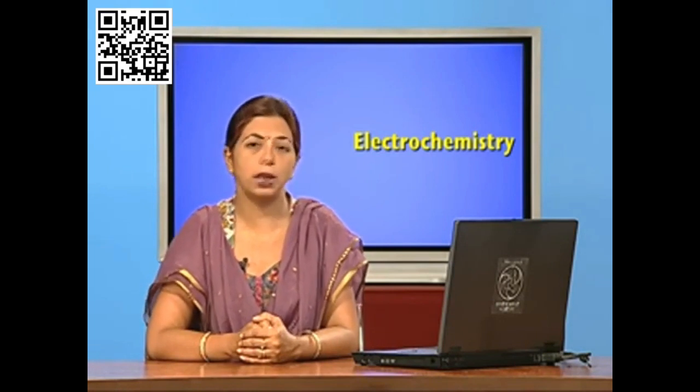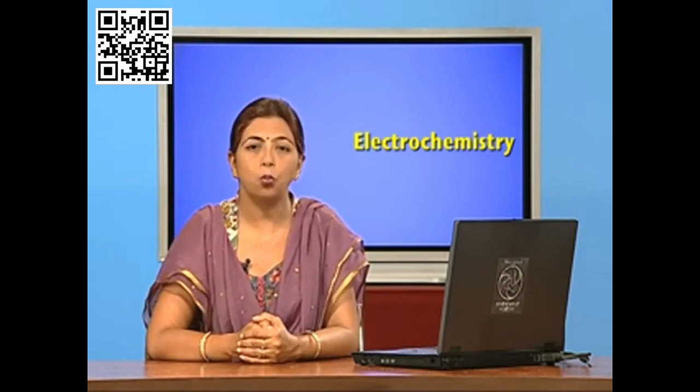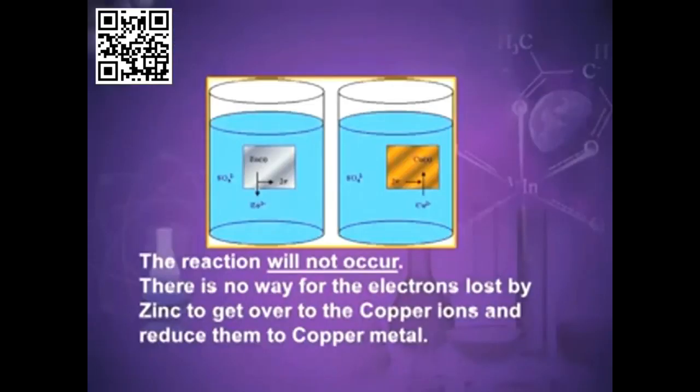So we need to connect them, and we will connect them through an insulating wire. Unless or until they are connected, the reaction will not occur because there is no way for the electrons lost by the zinc to get over to the copper ions and reduce them to the copper metal.